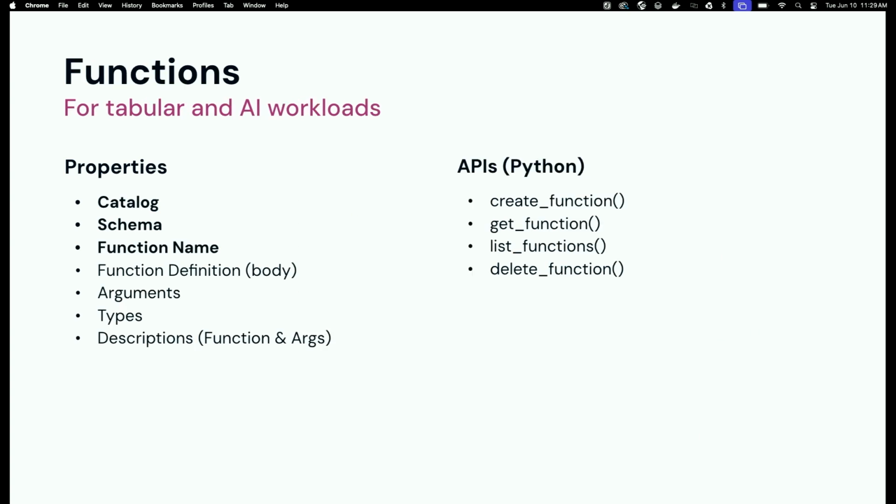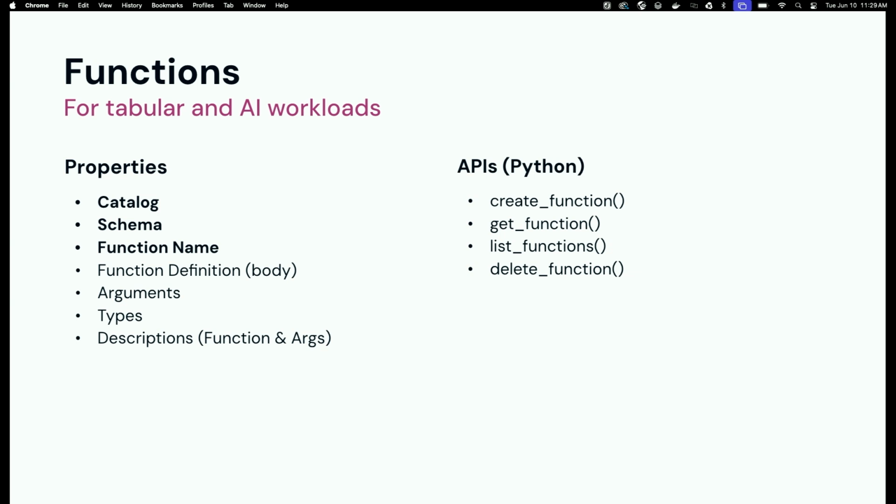Extending from that, we also looked at what Unity Catalog built with some other cool stuff. So functions started off with tabular access. It's a way for you to define a user-defined function in a couple of different code languages of your choice. Most people use it for SQL historically, and it's great.